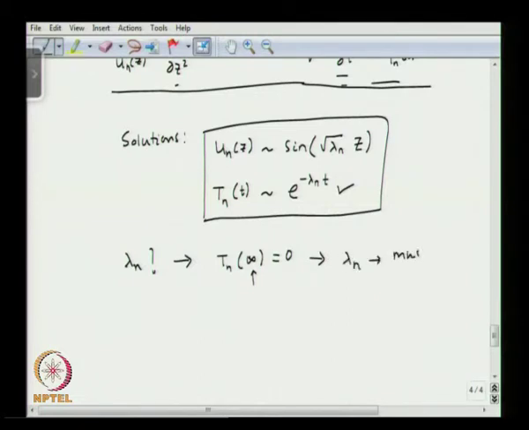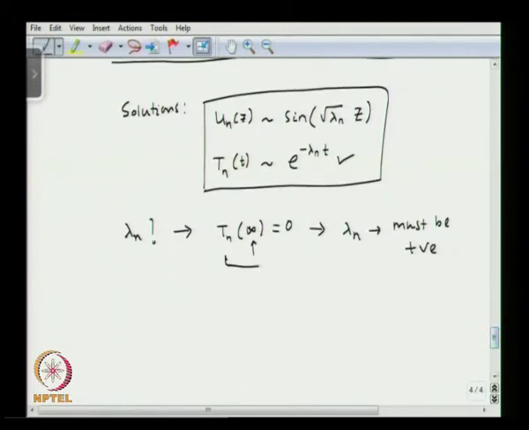This is something we are talking about for steady state. Tn(infinity) will be 0 as t tends to infinity only when lambda n is positive. So, lambda n is greater than 0.